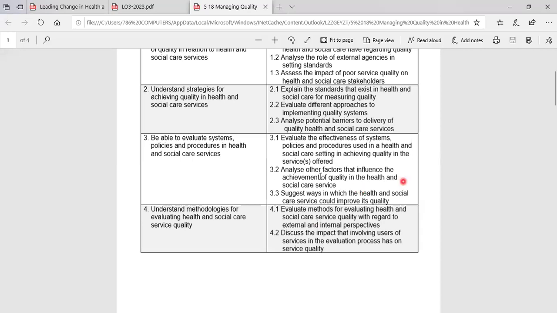And then in the second bit, you're analyzing other factors. So you've talked about systems, policies, and procedures, but there are several other factors that can influence. One very important example is COVID-19. You can give an example of COVID-19 also. That influenced achieving your quality throughout the NHS.